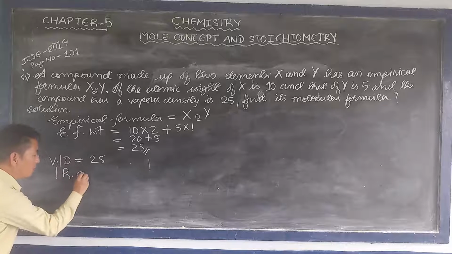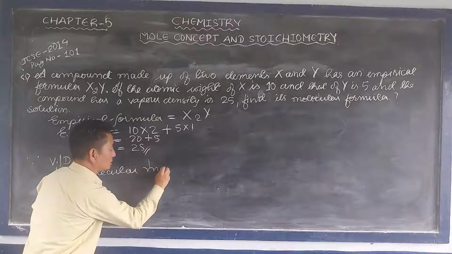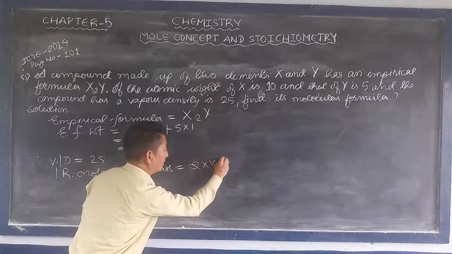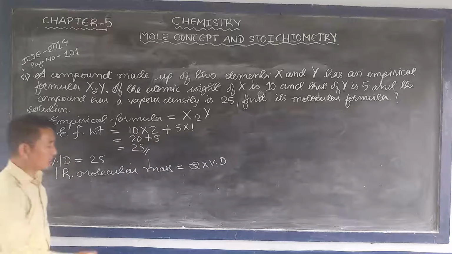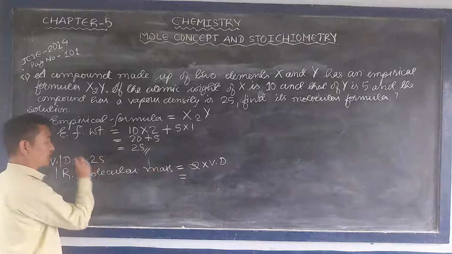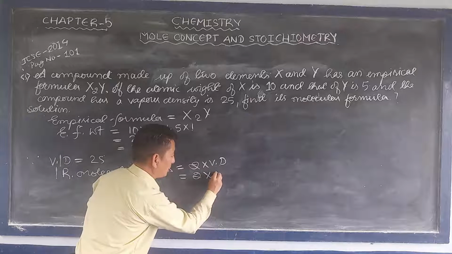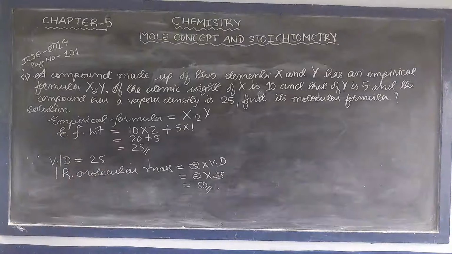So relative molecular mass of the substance is equal to 2 into VD. Here the vapor density is 25, so 2 into 25 is 50. The molecular mass of the compound is equal to 50.